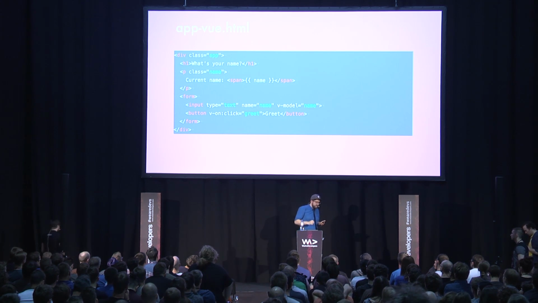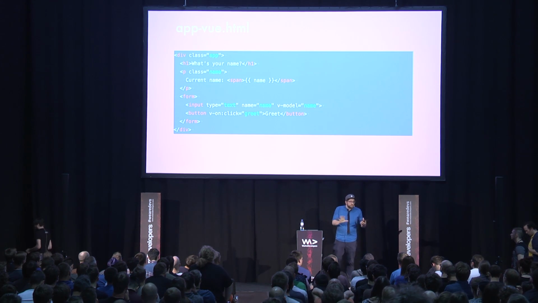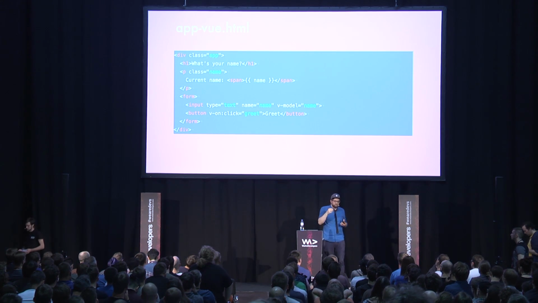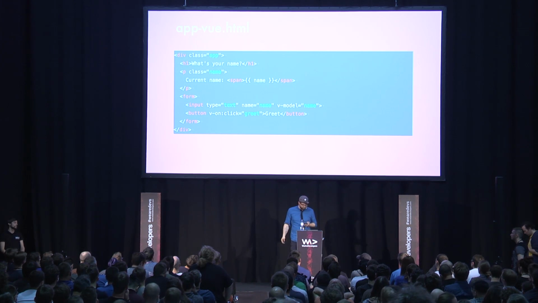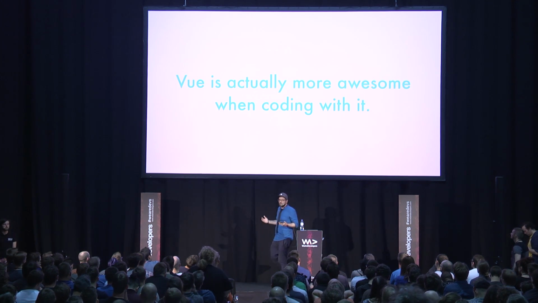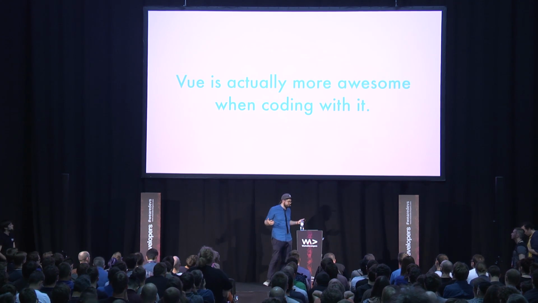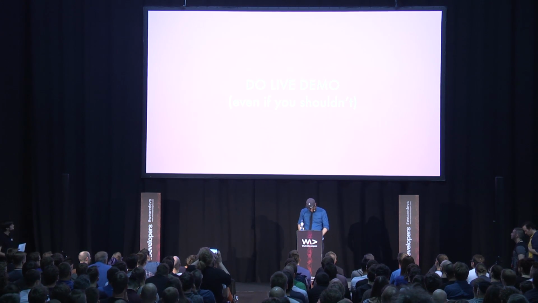And I also want to bind the event, for example, and here we say v-on and define it should be a click, but that could be anything. That's already a more sophisticated approach than our simple approach before. And actually, at this point, I think Vue is more awesome to code it. And let's do some live coding, right?